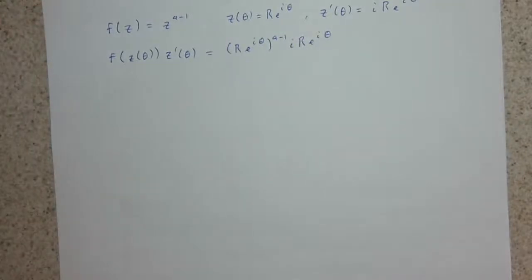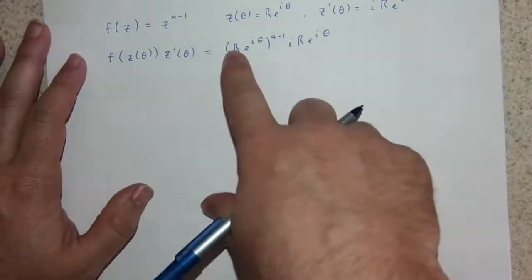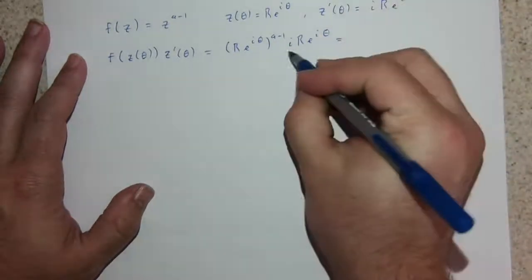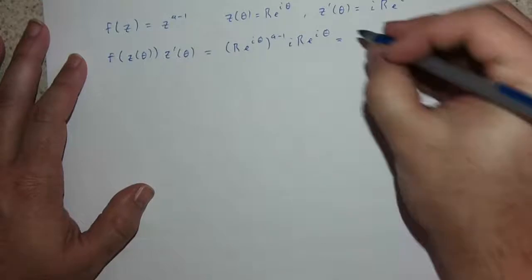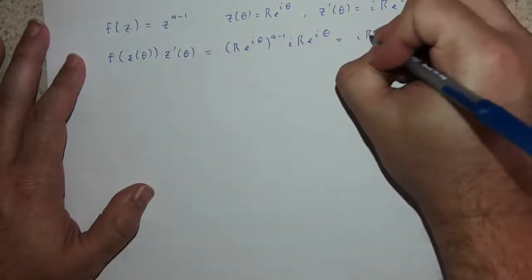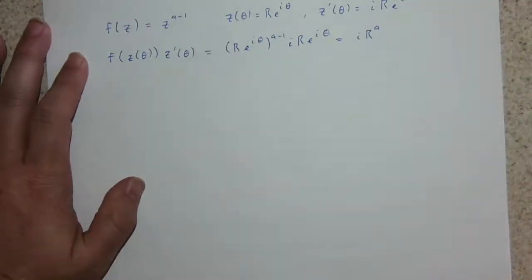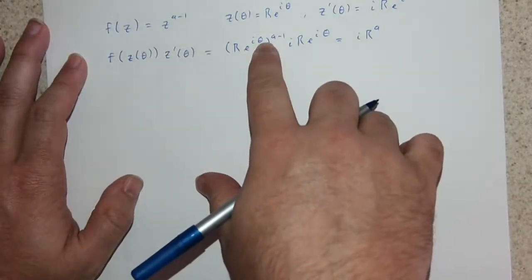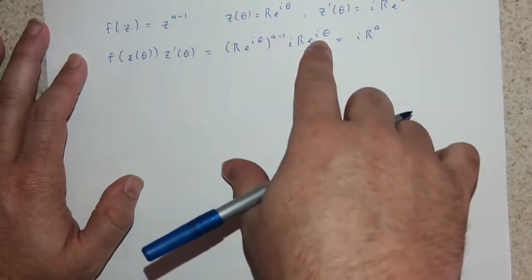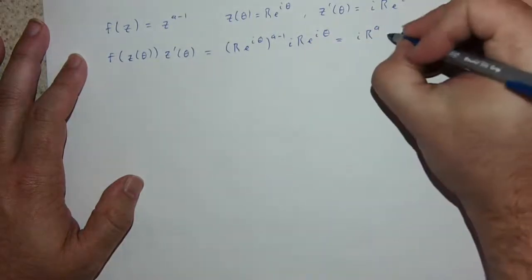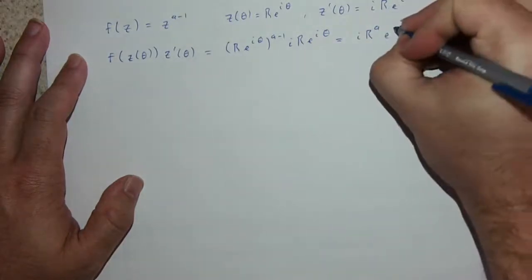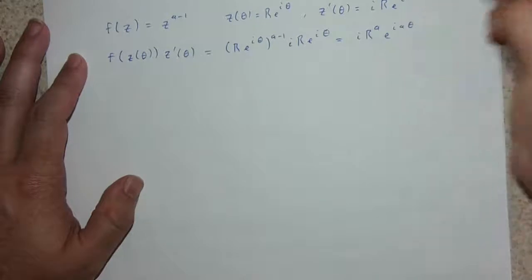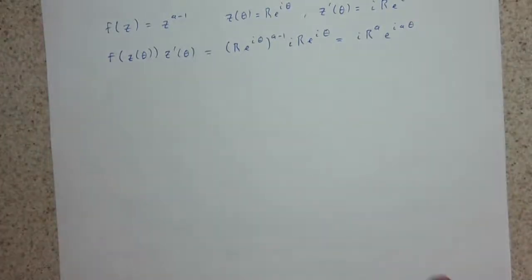And so this would be r to the a minus 1 times r, so that's going to be r to the a. The i is going to carry over. This is going to be i r to the a times e to the i times a minus 1 theta, but here I'm going to have i theta. So this is e to the i a theta.